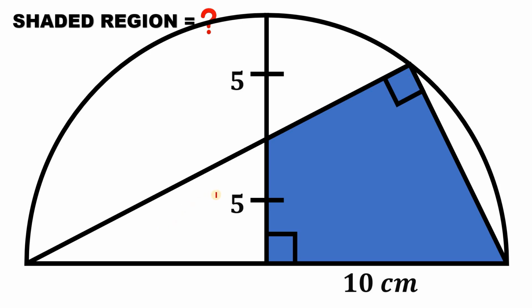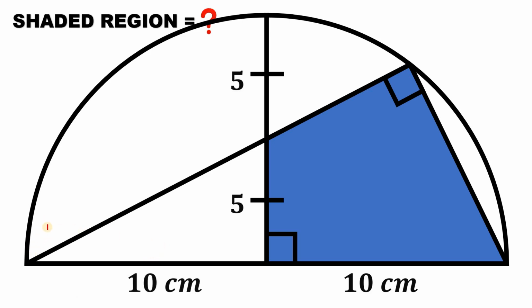Why is that? Because one property of a right triangle inside a circle is that the hypotenuse of that right triangle is the diameter of the circle. So this is a right triangle inside the circle if we complete this, and this part is the diameter for sure. So we know this is the radius, or simply equal to 10 centimeters also.